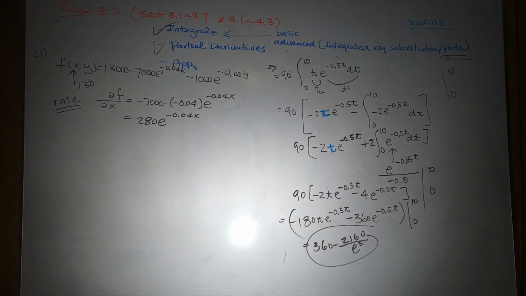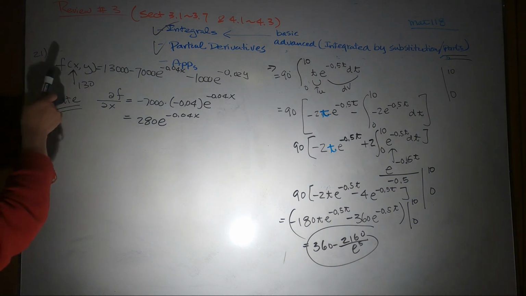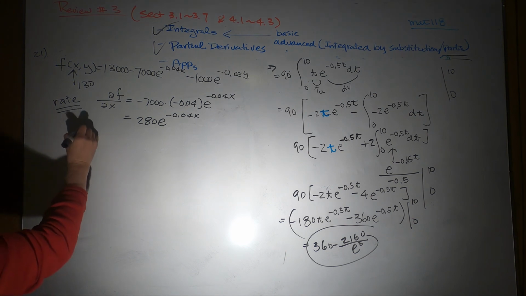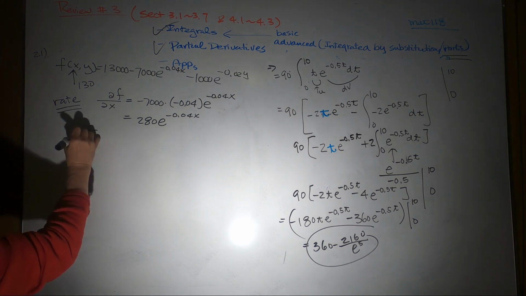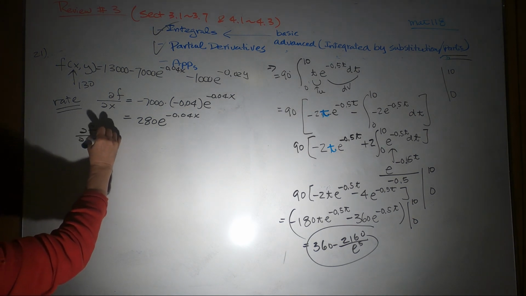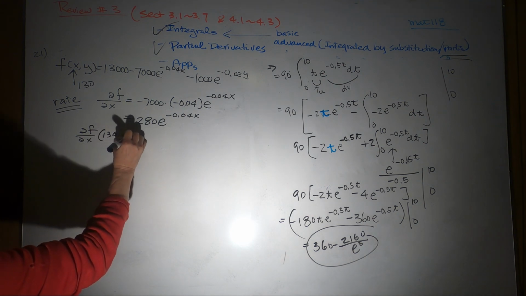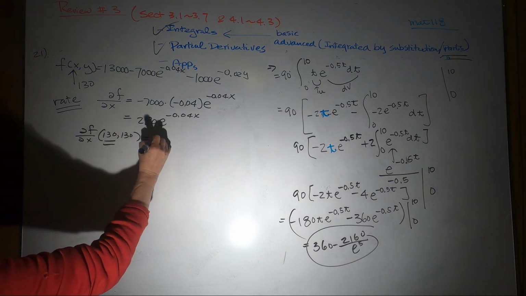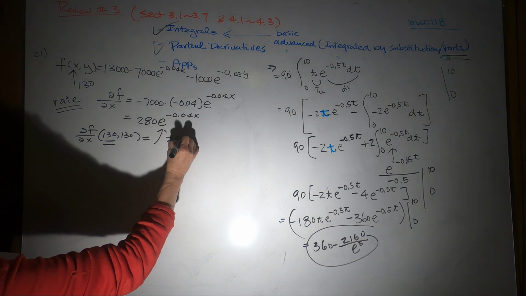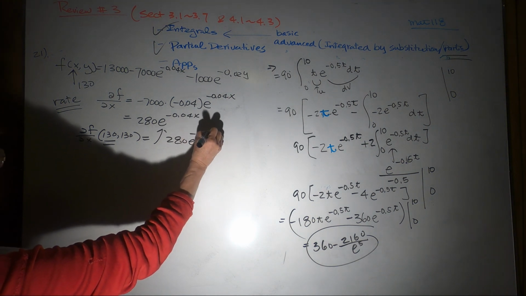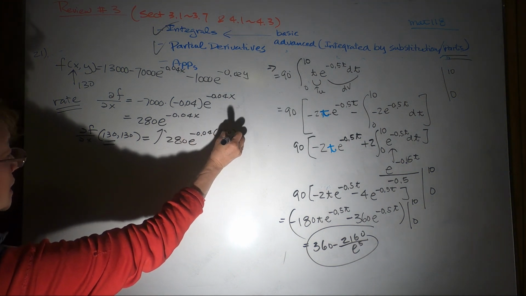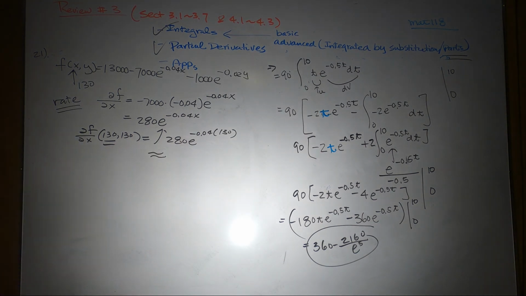Then the question was asking if we put 130 liters of brand x and brand y. So we plug in the value 130 and 130, but just for x. So we plug in here 280 e to the negative 0.04 times 130. Then plug into your calculator.